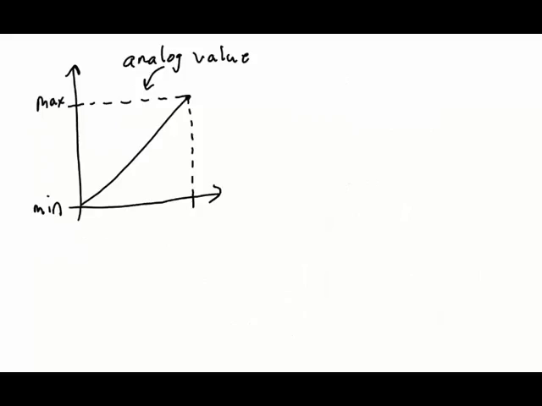To convert an analog value to a digital value, the first thing we need to do is decide how many bits we're going to store the digital value into. In this example, I'm going to assume that we want to store the value as an 8-bit value.